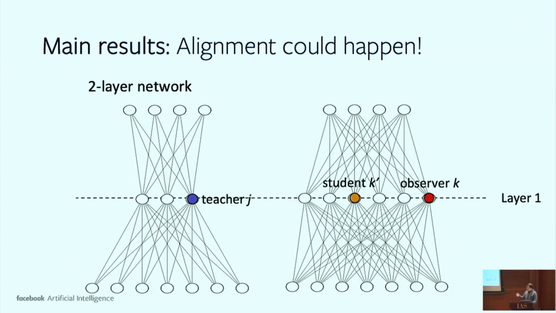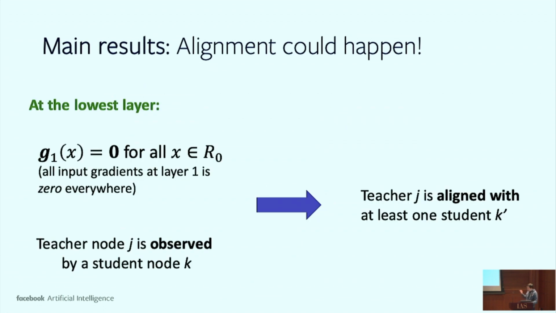After all this setup, what we can say is that given any teacher J, as long as it's being observed by an observer K, then there exists a student K prime that is aligned with it. That's basically the main argument here. At the lowest layer, for now I'm saying the gradient is 0.